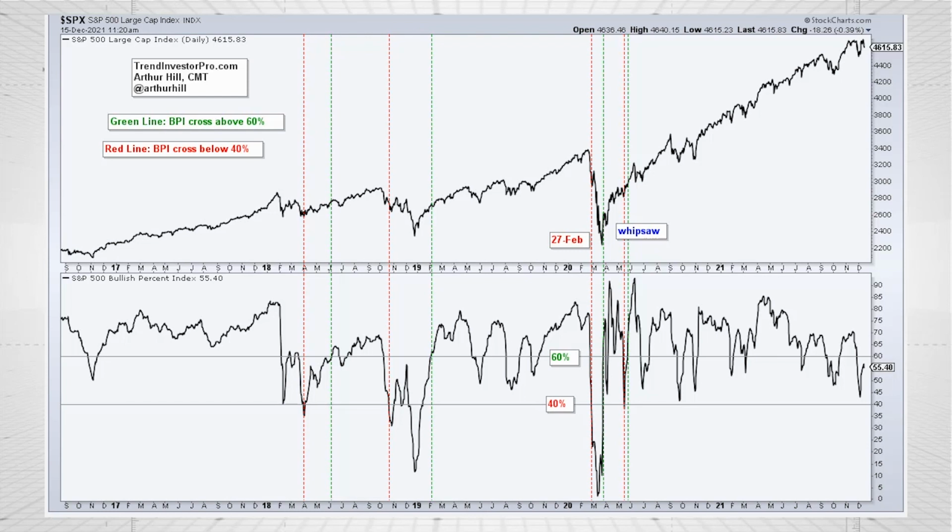So with this bullish percent index, what I'm looking at is a cross above 60% is bullish, and a cross below 40% is bearish. And the bullish percent index measures the percentage of stocks in the S&P 500 that are on point and figure double top breakouts, buy signals.